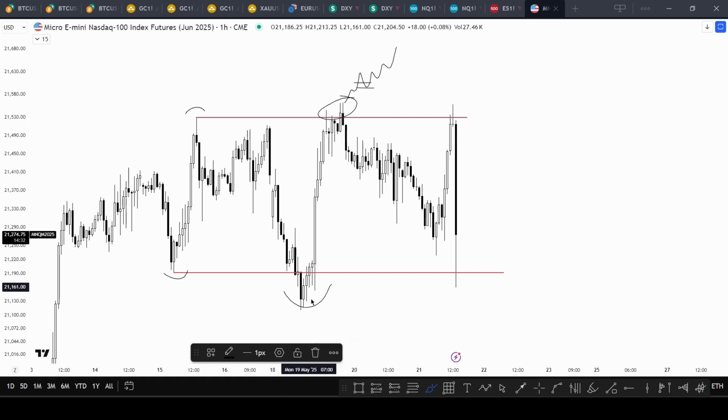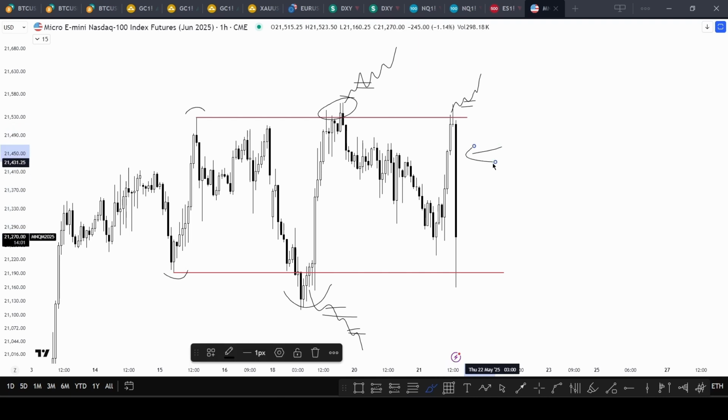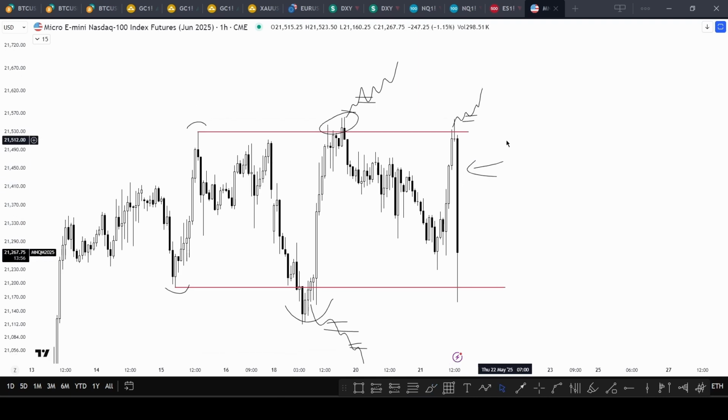Same here, there was no acceptance for lower values, so it again went back into this range. And here too, there was no acceptance outside of the range, and we just accepted back into this range, and I took a shot only at this candle. We will also talk about this shot further.